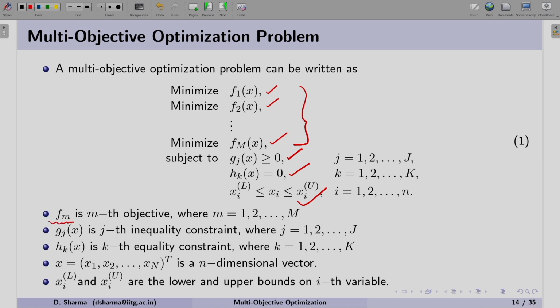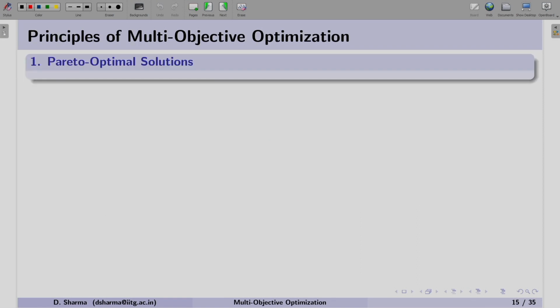If we write Fm, this means the m-th objective, and m can take a value from 1 to capital M. The rest of our explanation is the same: Gj is the inequality constraint, Hk is the equality constraint, x is an n-dimensional vector, and xi^L and xi^U are the lower and upper bounds on the given problem. Now, we begin with the principles of multi-objective optimization.